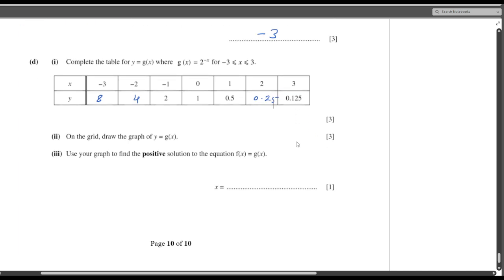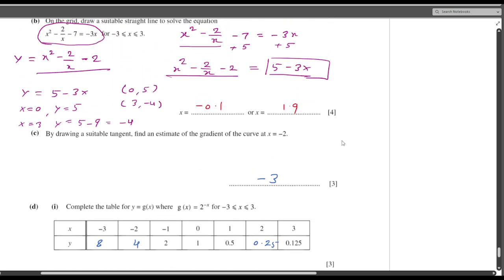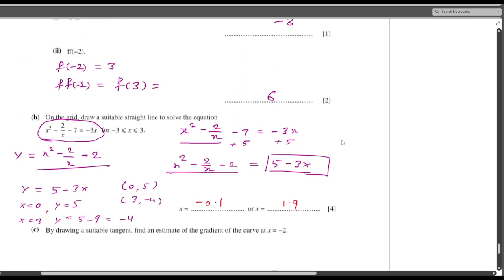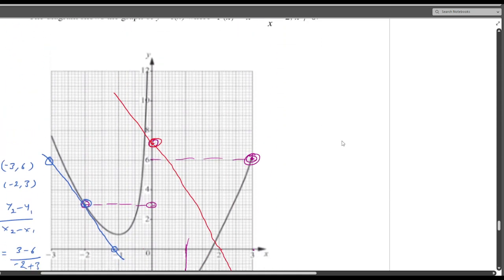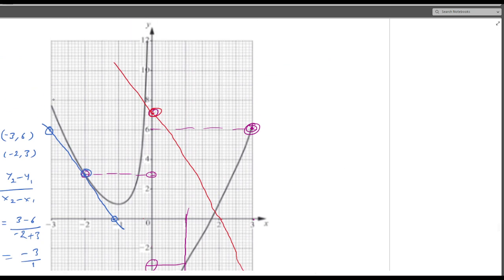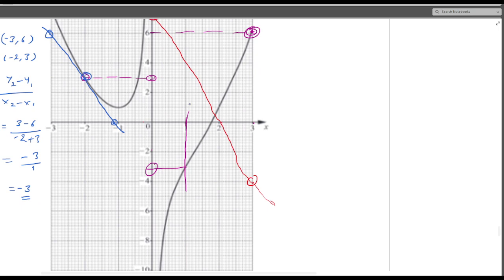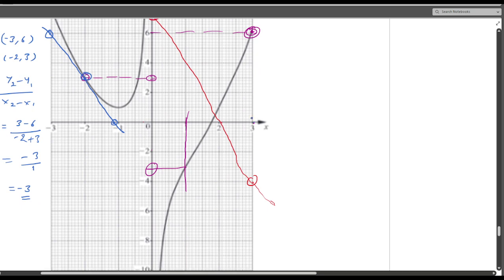On the grid, draw the graph of y equals g(x). On the same grid I have to draw this 2 power minus x. So from 8 I will start and I will end at 0.125. So 8 will be a point somewhere here, and for x equals 3 it is 0.125, somewhere here.